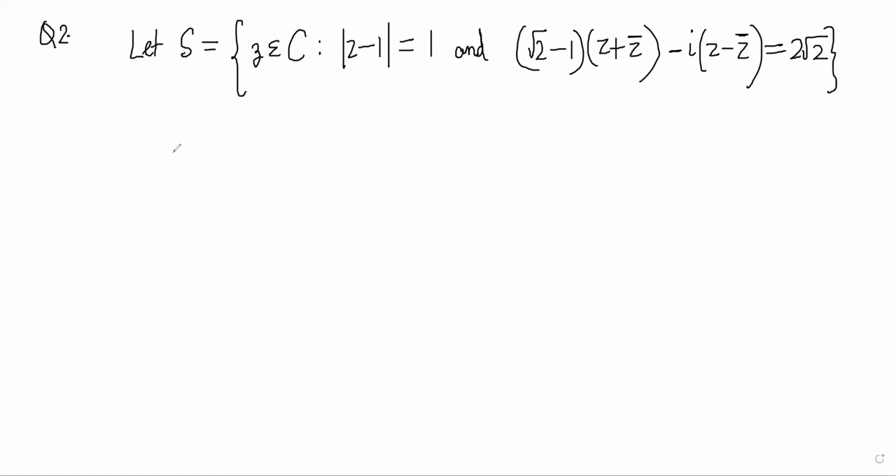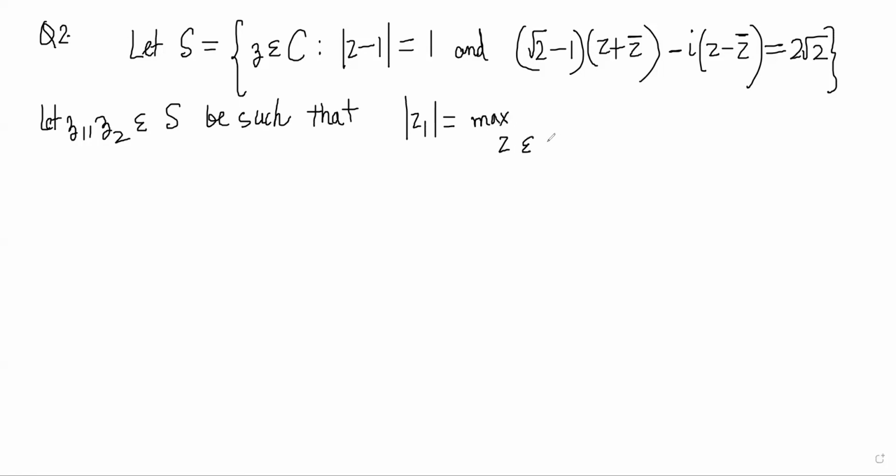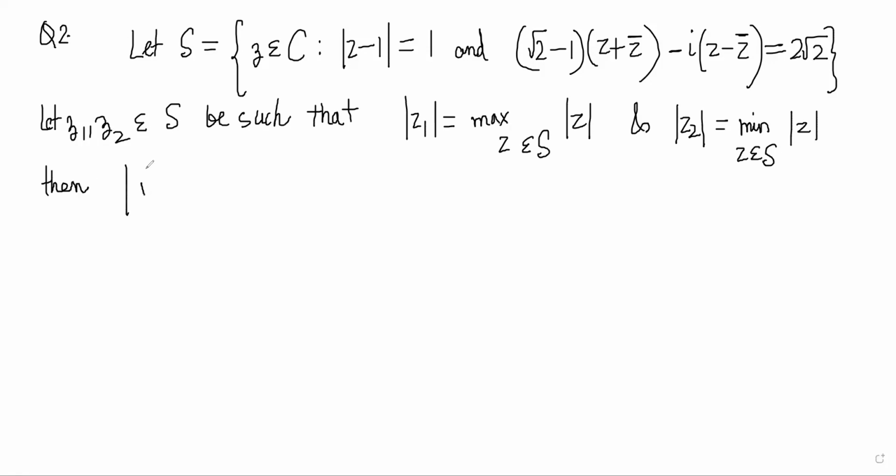Let z1 and z2 belong to S such that mod z1 is equal to the maximum of mod z for z belonging to S, and mod z2 is equal to the minimum of mod z for z belonging to S. Then we have to find root over root 2 times mod of z1 minus z2, whole square.